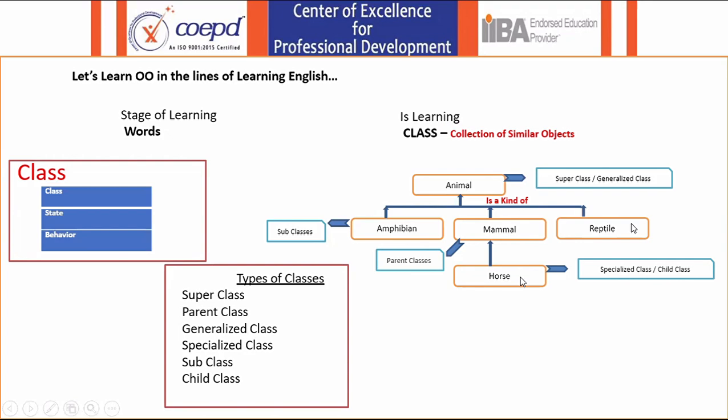Similarly, in the same example I discussed here, horse is a mammal. Is cow a mammal? Yes. Like that, there are other mammals, right? Correct. But still, we are only addressing one particular mammal. That means horse. That means horse is specialized into mammal. Clear? Okay, clear. Thank you.